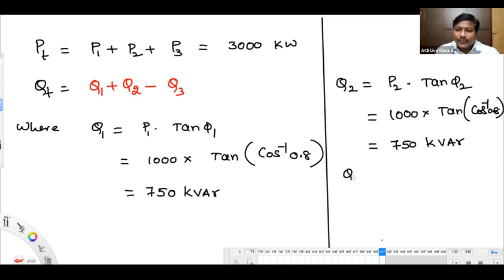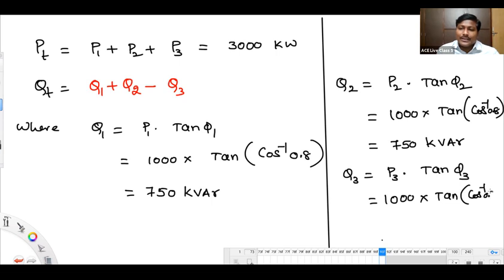Q3 is P3 tan phi 3. P3 is 1000, and phi 3 is cos inverse 0.707. This will come to 1000 kVAR.